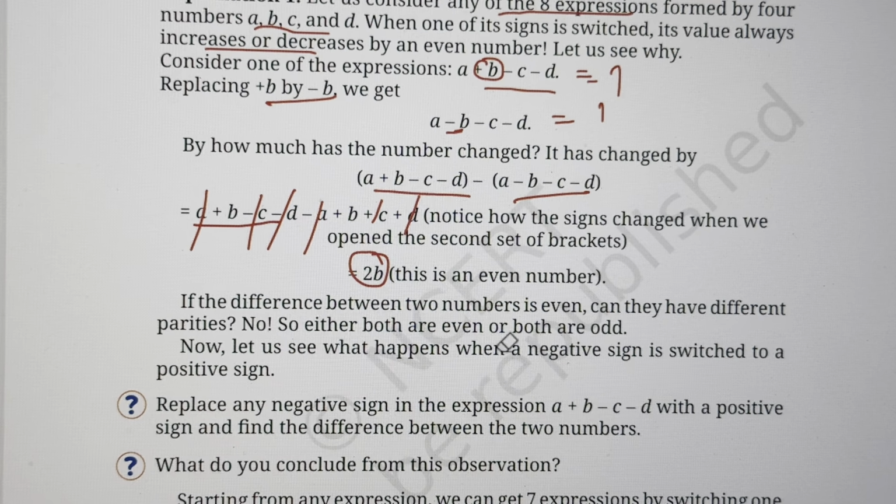Suppose the expression is A plus B minus C minus D. Now we are changing minus into plus, so we make the second expression A plus B plus C minus D. Earlier we made a positive into negative. Now we have changed a negative into positive, and let us try to find out the difference.